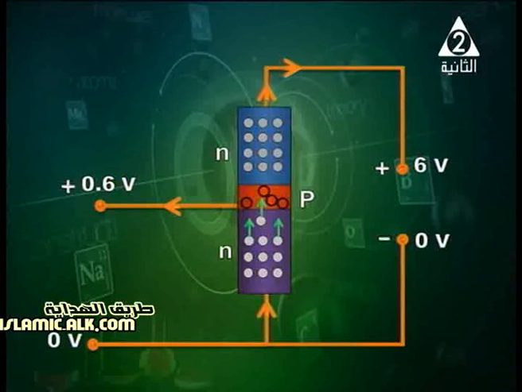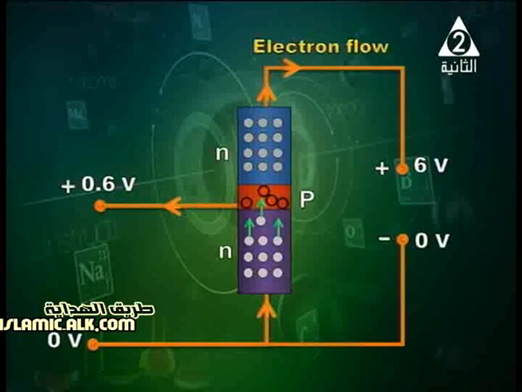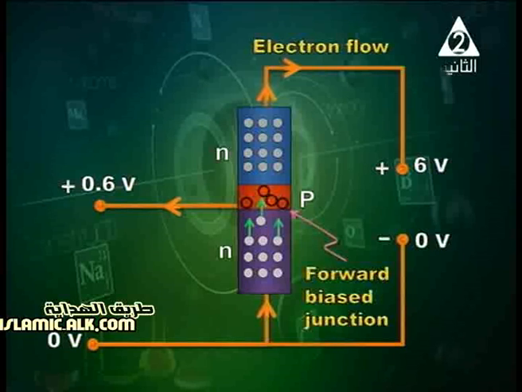You remember, the base is made of P-type, so it contains holes. Some electrons from the emitter recombine with the holes found in the base. In this case, the junction between emitter and base is forward biased.